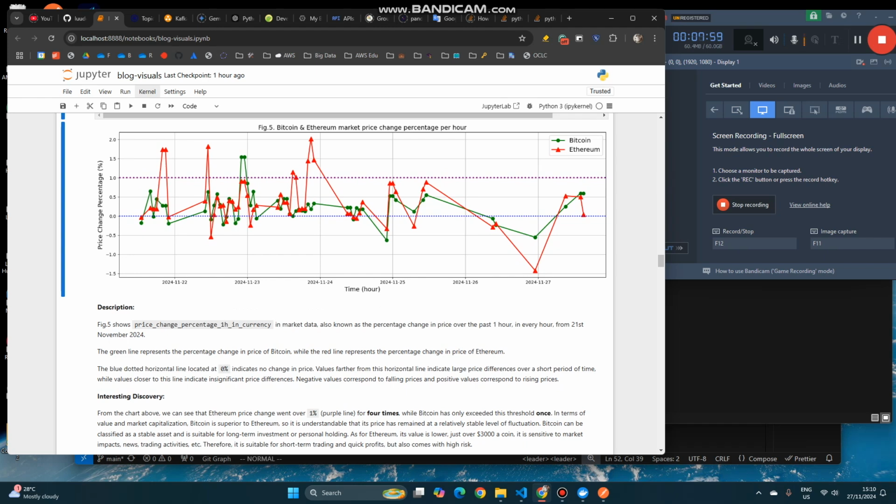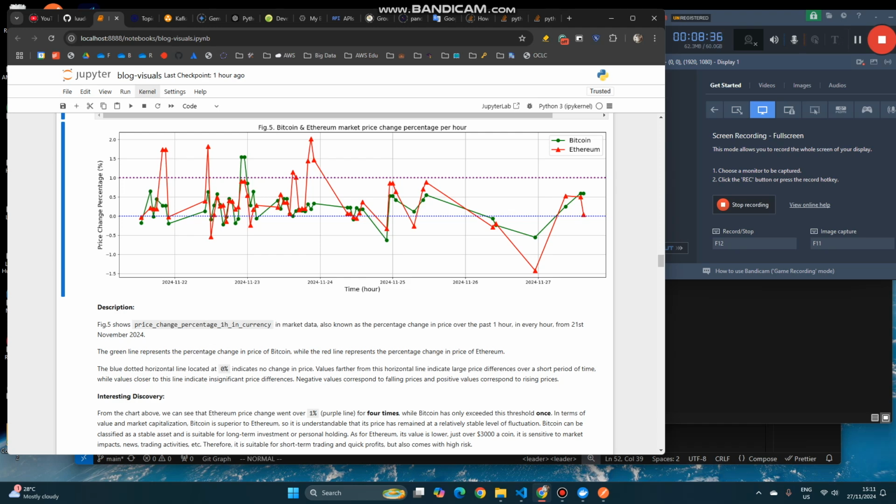We can see that the green line represents the percentage of price change of the Bitcoin, and the red line is the percentage of price change of the Ethereum. We can see the small blue dotted horizontal line here, which is the zero, which means that if the percentage of change falls onto this line, the coin has no price change at all.